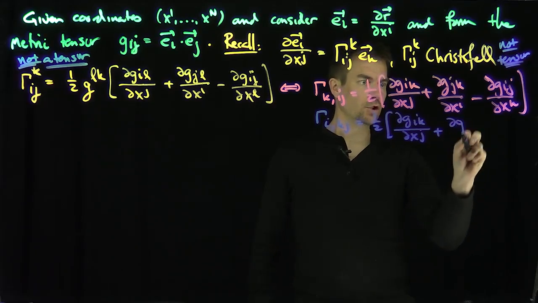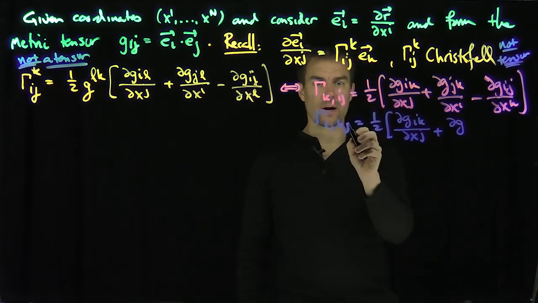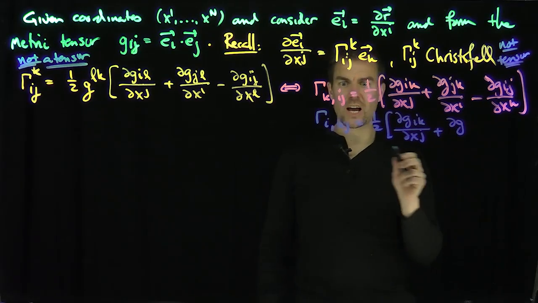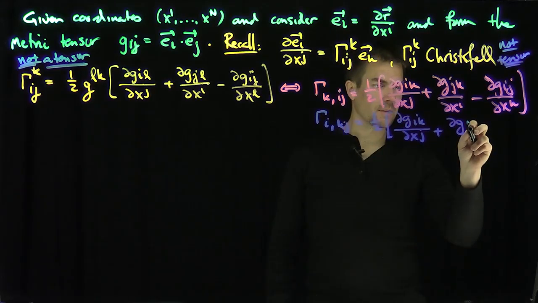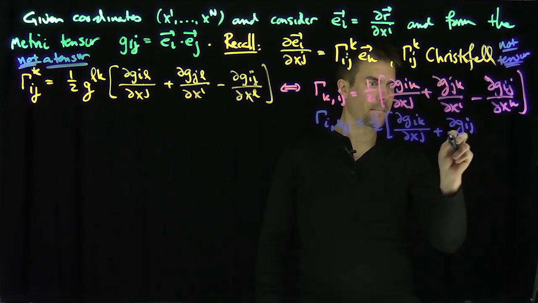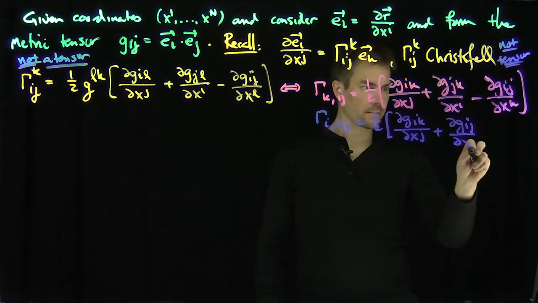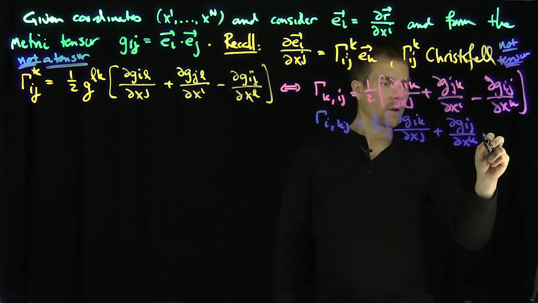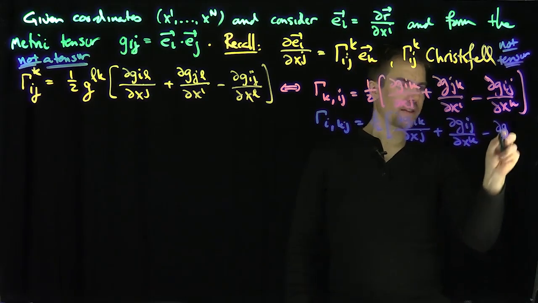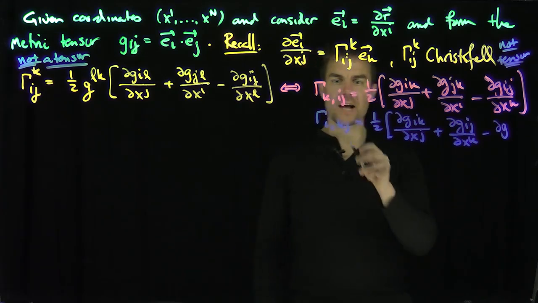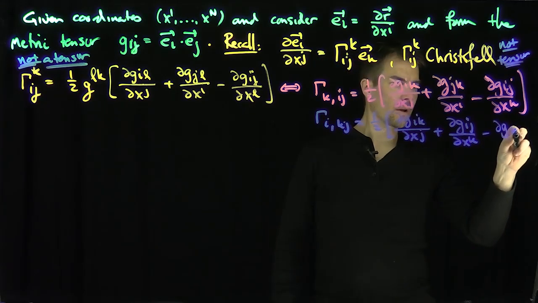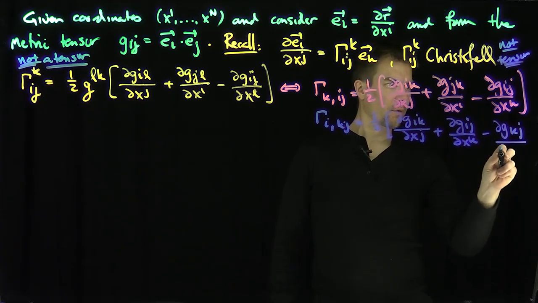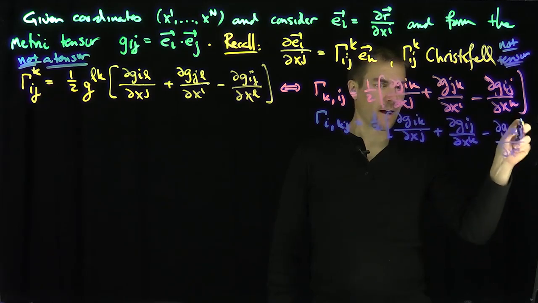Plus dg, and then my j is still j, but my k is now i, so that's going to be g_ji, and my i is now k, with respect to xk. And then minus partial g, where my i is now k and my j is still j, over partial xi.